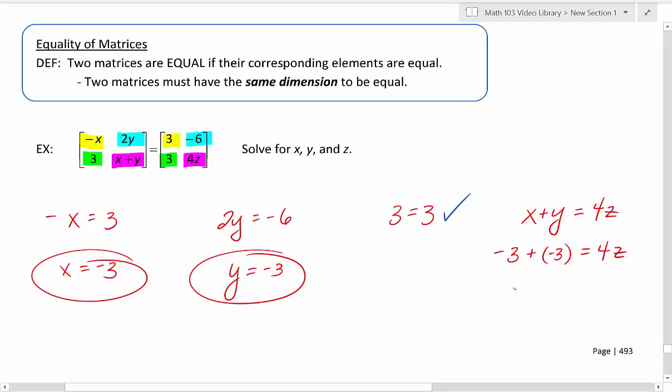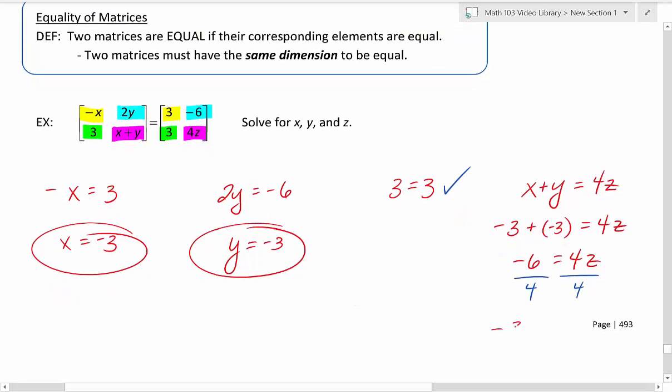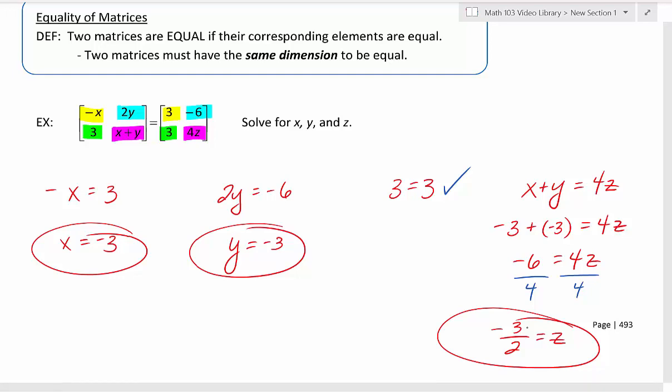So -3 plus -3 is a -6 equal to 4z. Dividing both sides by 4, and of course simplifying our fraction, we get -3/2 is equal to z. Since we are not solving a system, we do not need to write these answers as an ordered triple. This is just it.